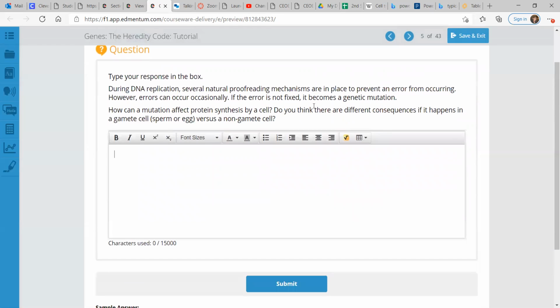Okay, so a checkpoint question. During DNA replication, several natural proofreading mechanisms are in place to prevent an error from occurring. However, errors can occur occasionally. And if the error is not fixed, it becomes a genetic mutation.